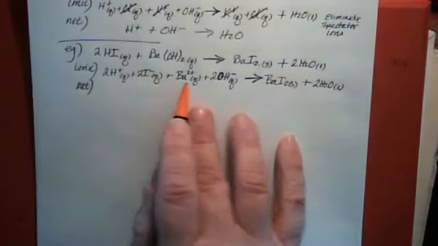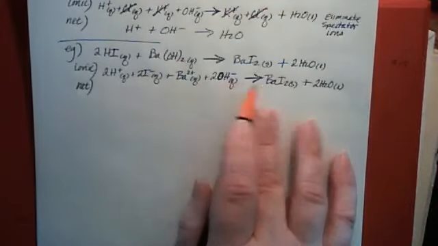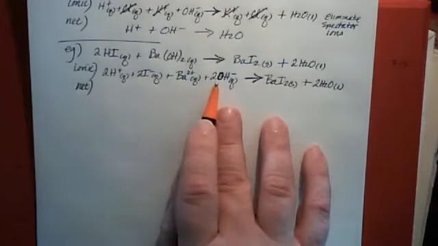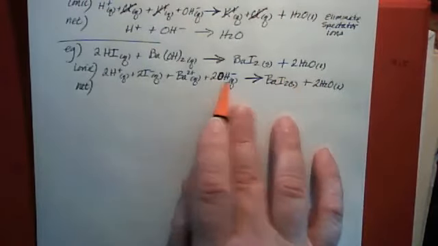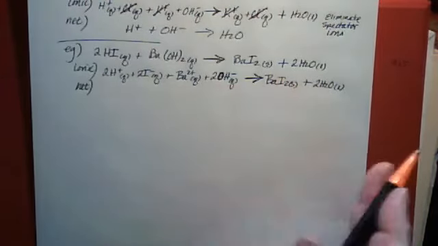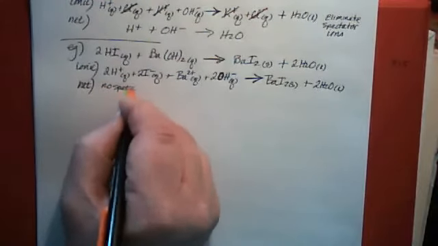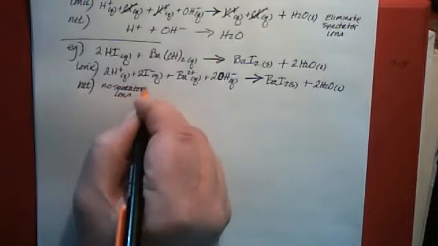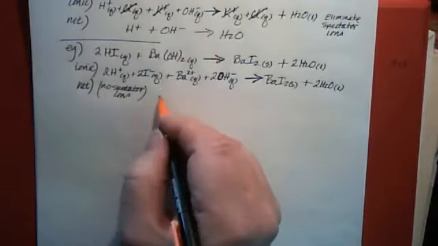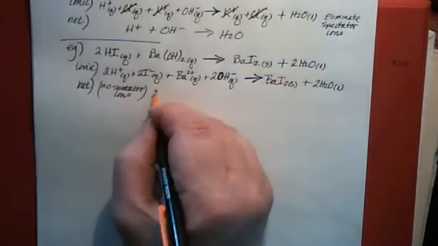The Ba plus 2 ions come out as part of BaI2, so they're not spectator ions, so they have to stay. And the hydroxide ions come out as part of H2O, so they're not spectator ions, so they have to stay. Actually, there are no spectator ions, and your net ionic equation ends up being the same as the ionic equation.